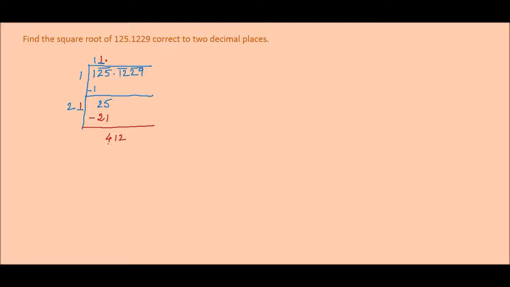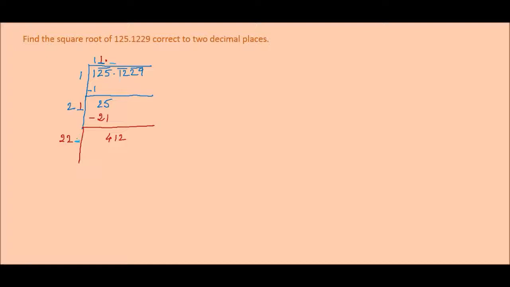Now the dividend becomes 412. And the quotient obtained so far is 11, which when doubled will give us 22. Now we have to get one number over here, and that will be written over here as well.